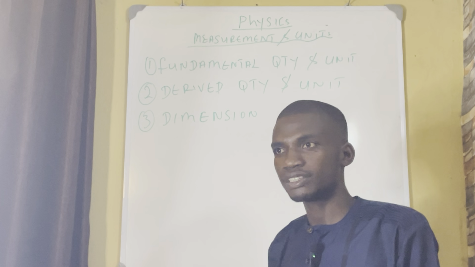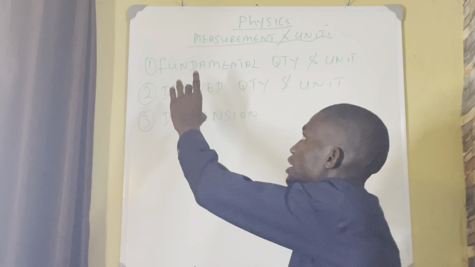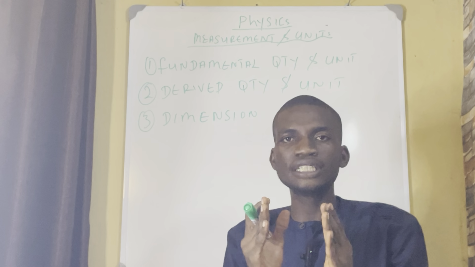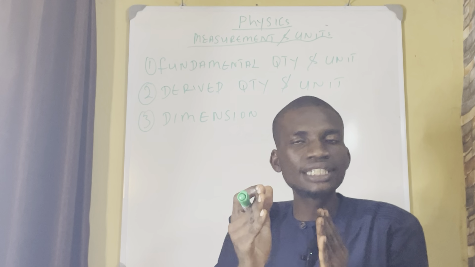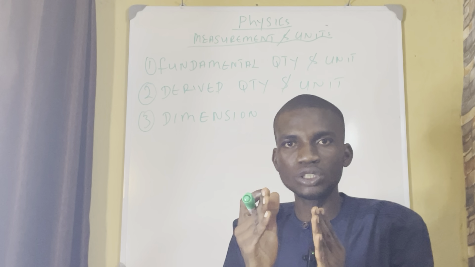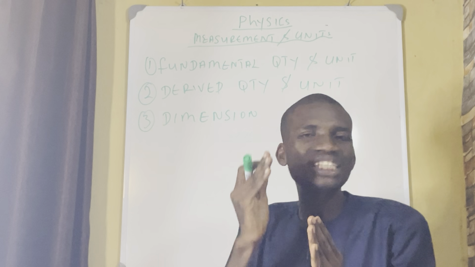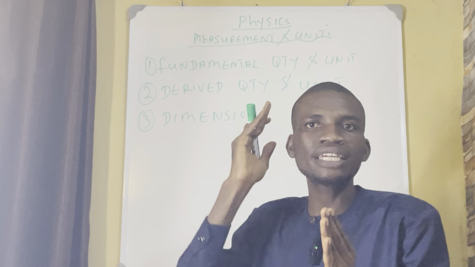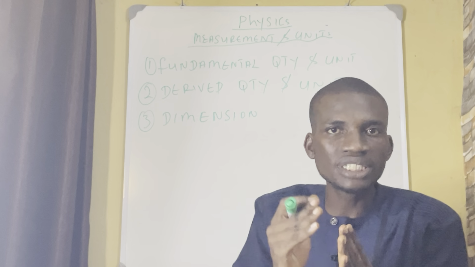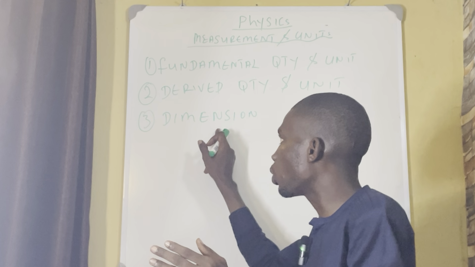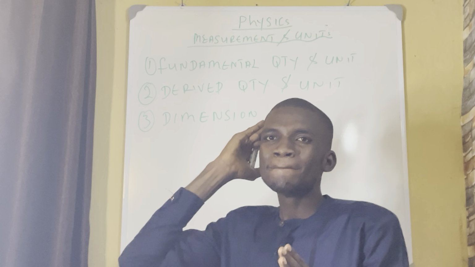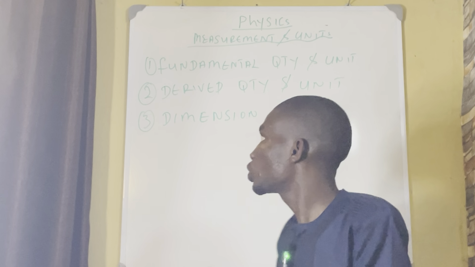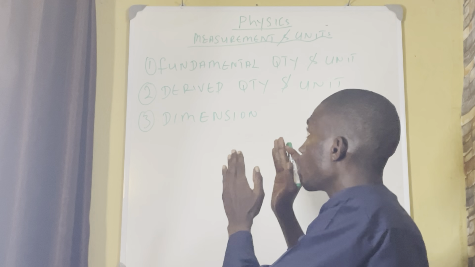The difference between the derived quantity and dimension is that with the derived quantity, you don't get the whole three basic quantities. But in dimension, you are going to get the whole three basic quantities. Do you understand? We're going to look into it one after the other.